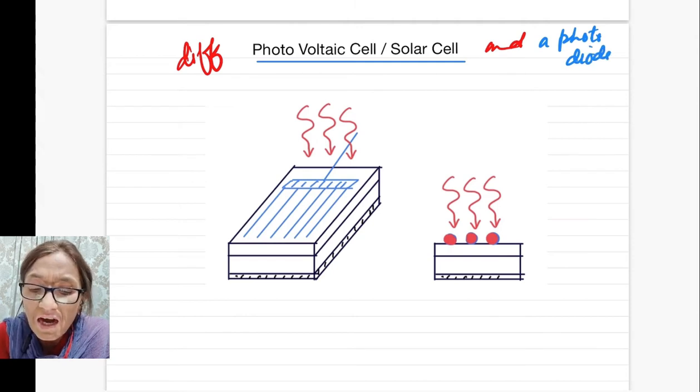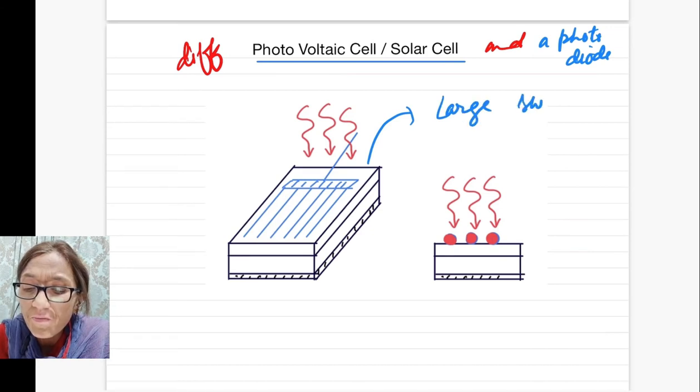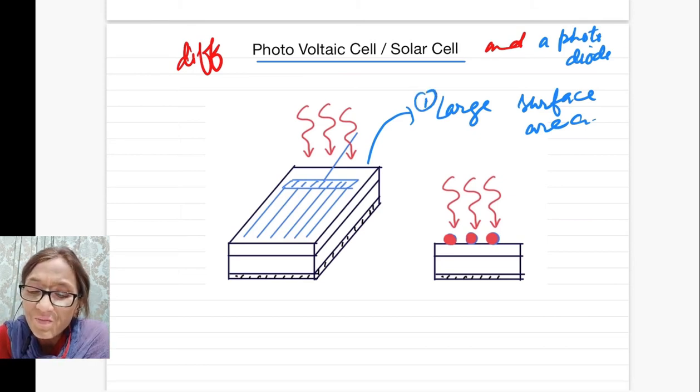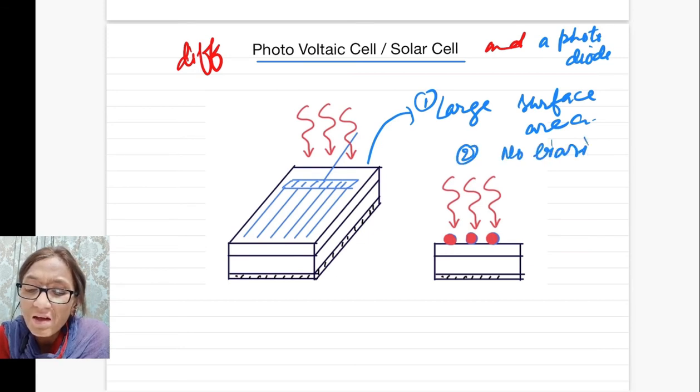It has a large surface area and it has no biasing. No biasing. Means a battery is not connected.